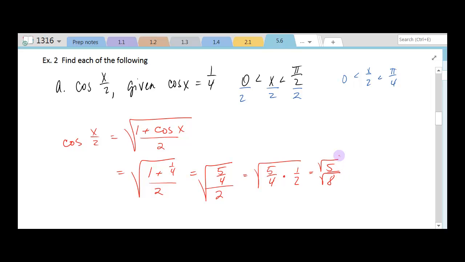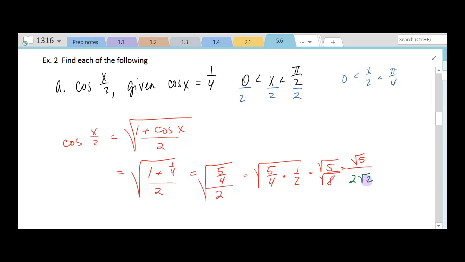Now at this point, it doesn't really matter how you simplify this. I'm going to simplify the denominator by rewriting it as 2 square roots of 2, because 2 square roots of 2 is the simplified version of the square root of 8. And the numerator is still the square root of 5.